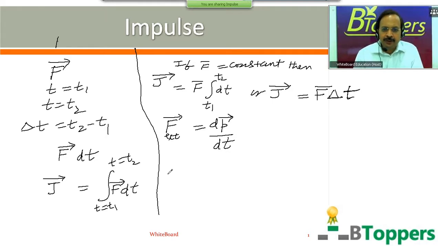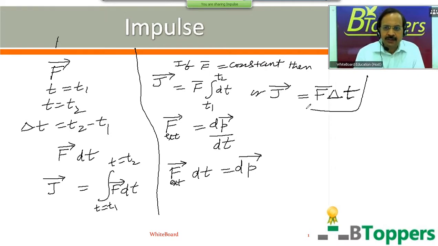So the impulse given to the body for a short time interval, I mean the impulse of the resultant external force on the body, will be F bar external dt, which is equal to dp bar. That gives you that dp bar represents the change in the linear momentum of the body during the infinitesimally small interval of time dt.